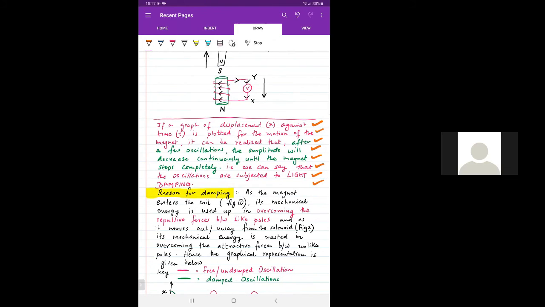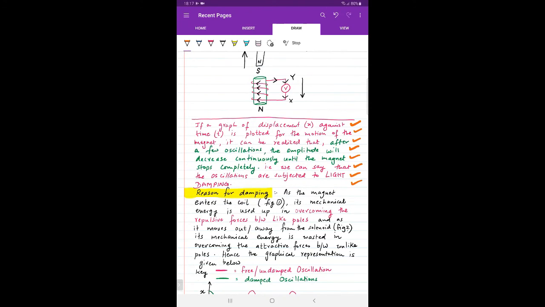Now, what's the reason behind this statement? So, reason for damping. As the magnet enters the coil, which was actually figure 1, its mechanical energy is used up in overcoming the repulsive forces between like poles. So remember when north was pushed in, a north was induced. Hence the wording.